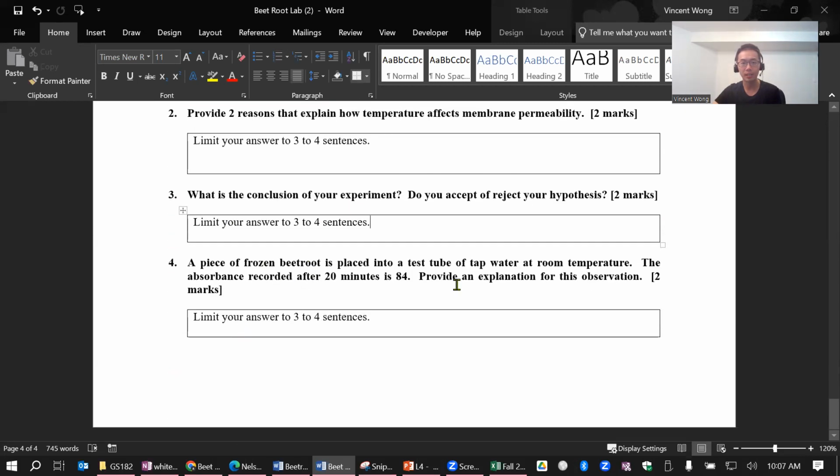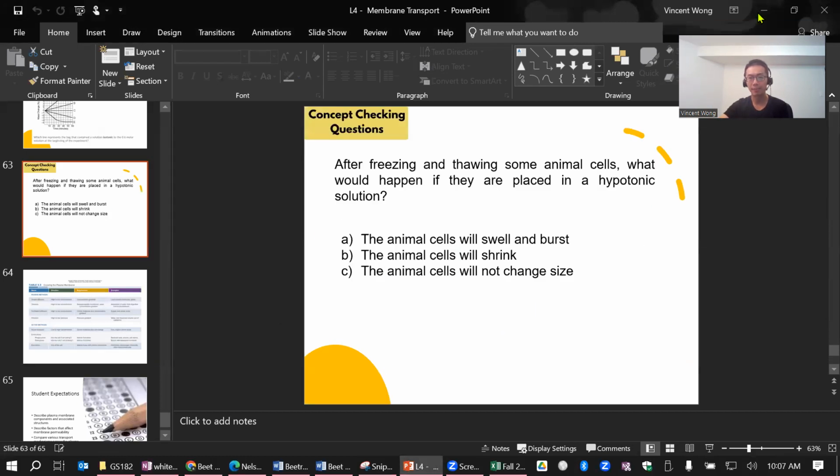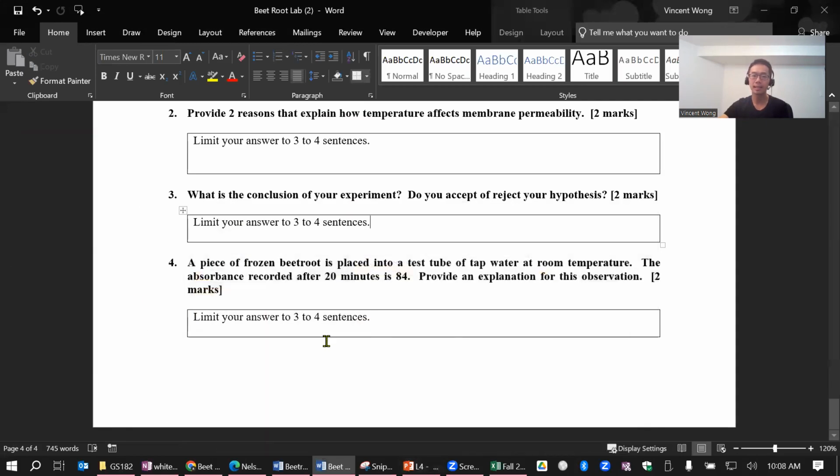But over here, you freeze the thing, right? It's from a cold temperature. Why would the absorbance be similar to one of the higher temperature ones? So you've got to think about that, and hopefully our discussion here on this last slide gives you some idea.